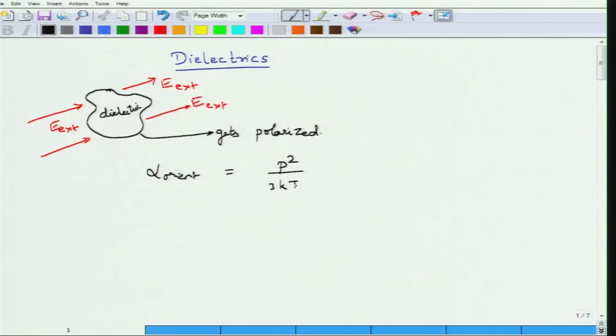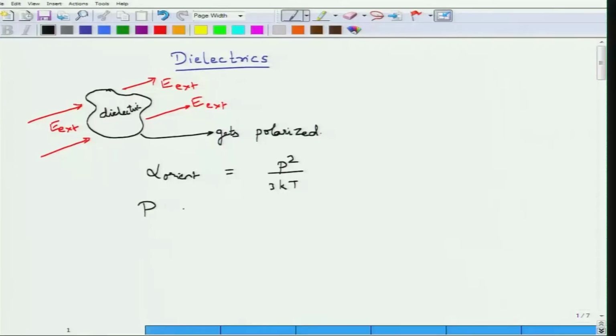So this was the orientational polarization, and now if you assume that there are a lot of these molecules, each of them getting polarized according to this polarizability function, then you can write down the total polarization P as that of p square N E divided by 3kT, where E is the electric field, N is the dipole density, that is the number of dipoles per unit volume, and p is the dipole moment.